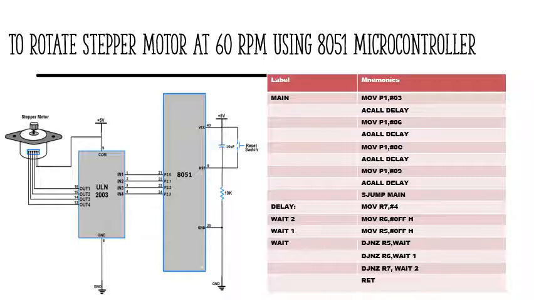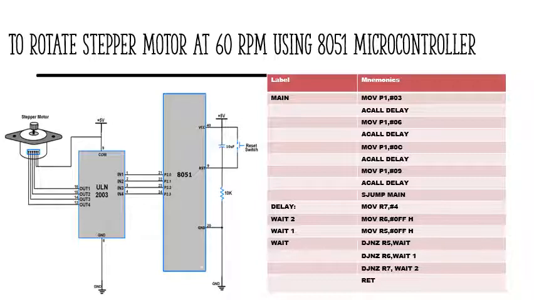Assume that 4 pins of port 1 are connected to the stepper motor. So first, if you want to rotate the motor in the clockwise direction, load the excitation value 03 to port 1 and call a delay.